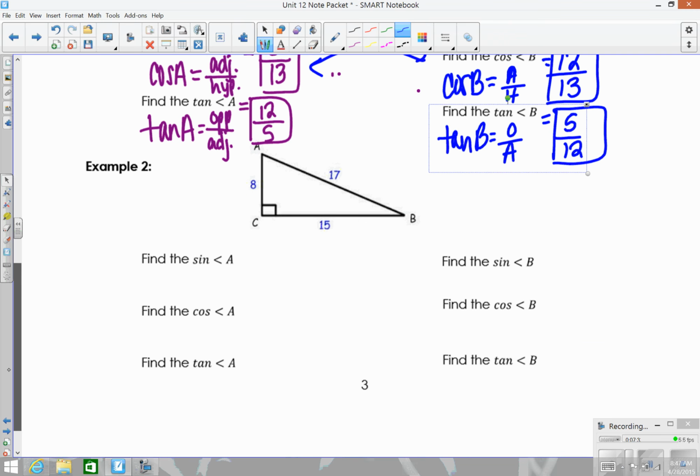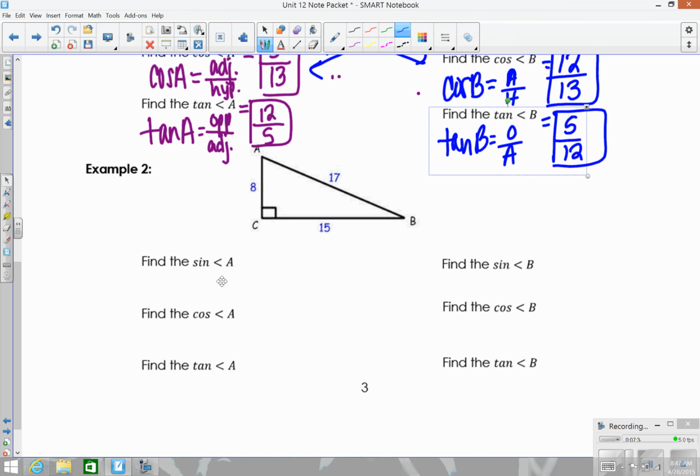So let's do one more of these. So just identifying, when we're looking at A, we'll start with A. Hypotenuse will always be the same. Opposite is across from A. Adjacent is next to angle A. So when we're doing sine, sine equals opposite over hypotenuse.